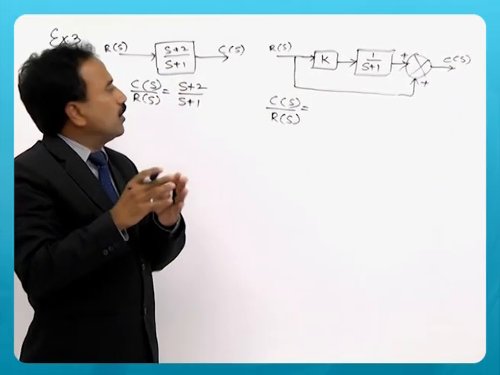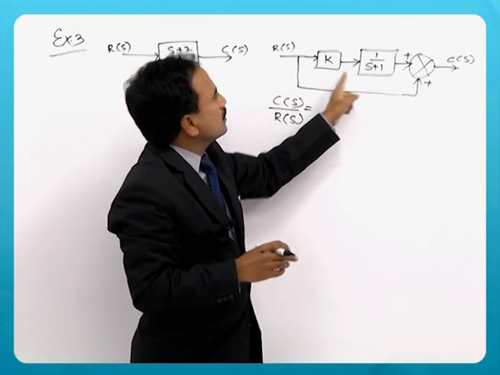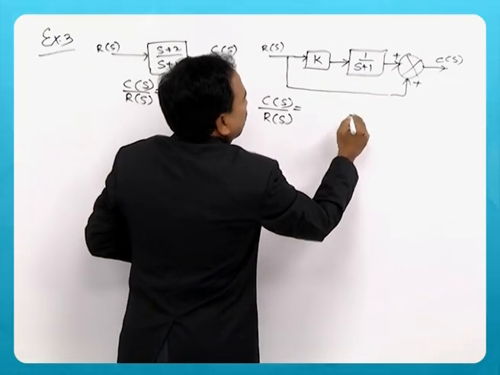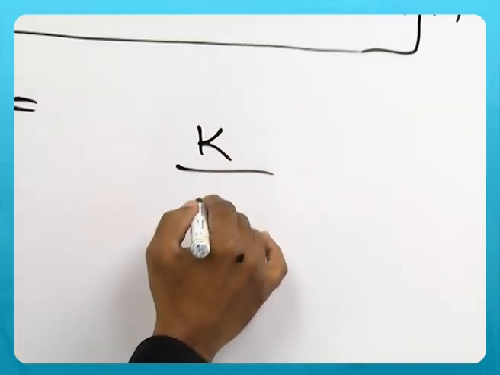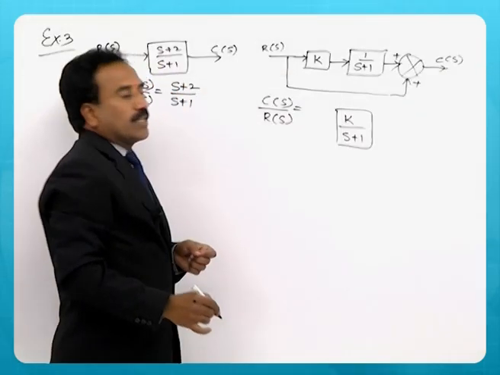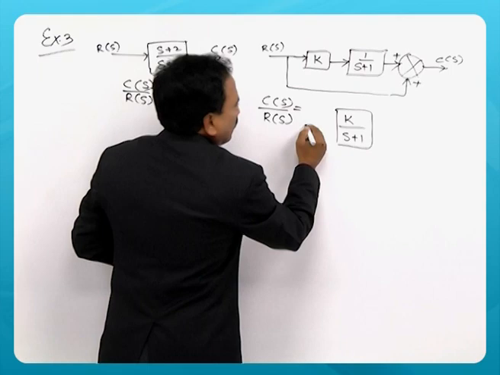Not a very complex block diagram, but these two blocks are in cascade. So you get this as K by S plus 1 because it is a product.